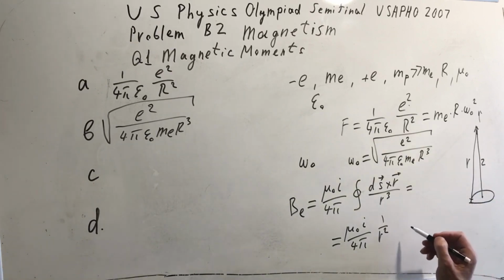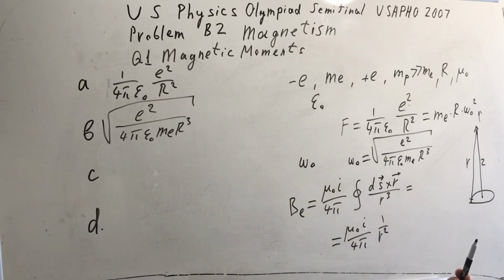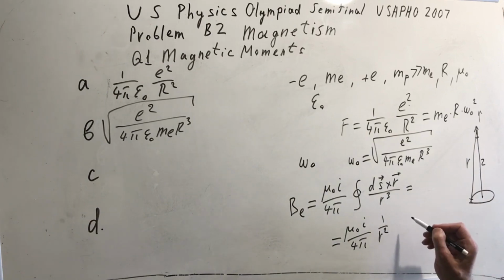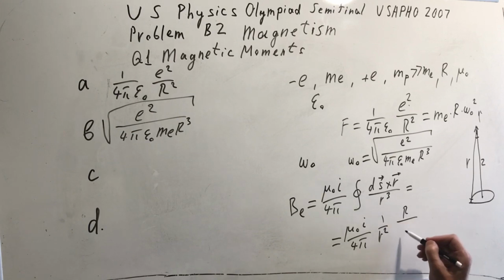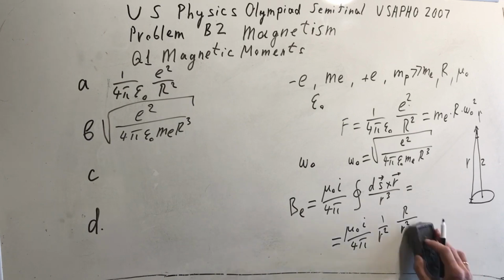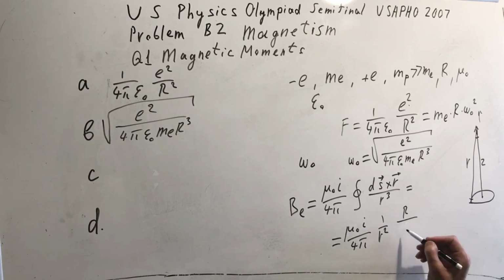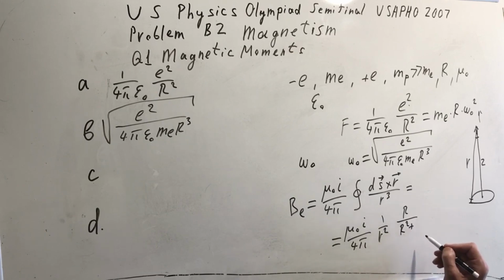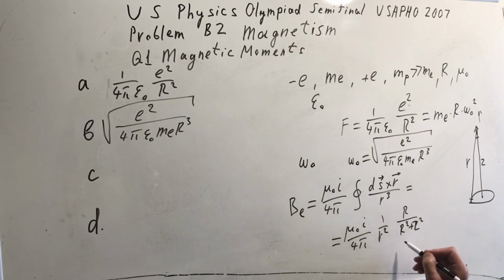It means that we have a unit vector in the z direction multiplied by ds, which is just the sine of this angle, and the sine of this angle is r over the square root of r square plus z square.